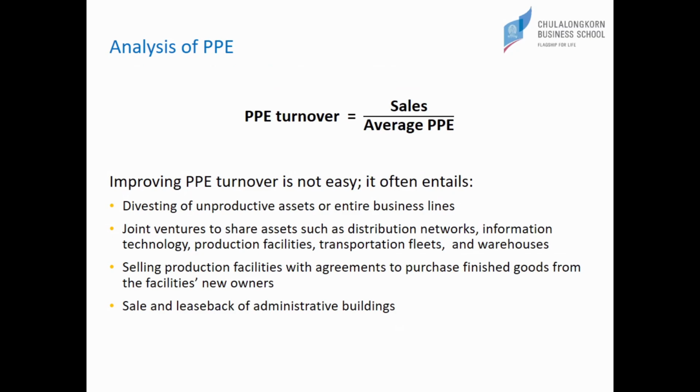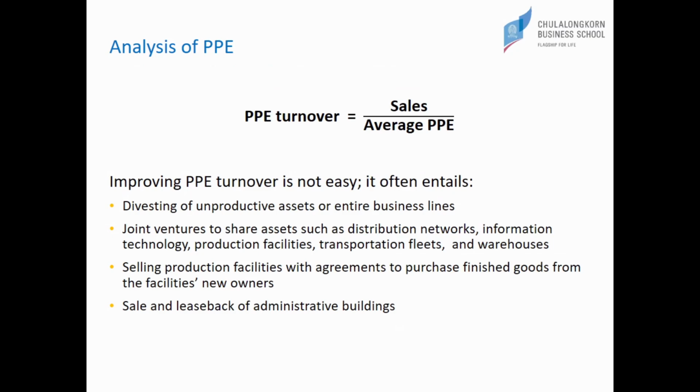Or you may have to get involved in joint ventures with another company in order to share these assets. So you don't have to buy this PPE all by yourself, so you can share the cost, and in that way you can share the distribution network, this IT, other facilities, and even the transportation fleets and warehouses. So that way you can minimize the increase in the average PPE.